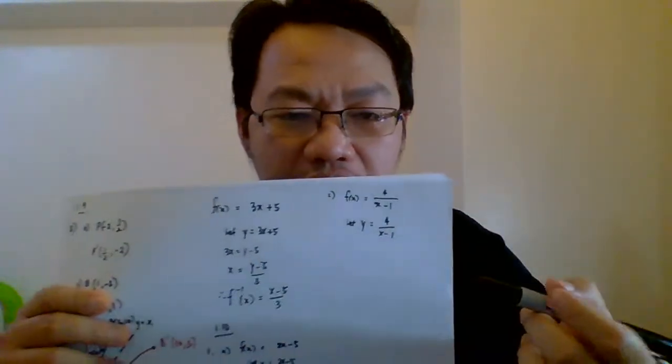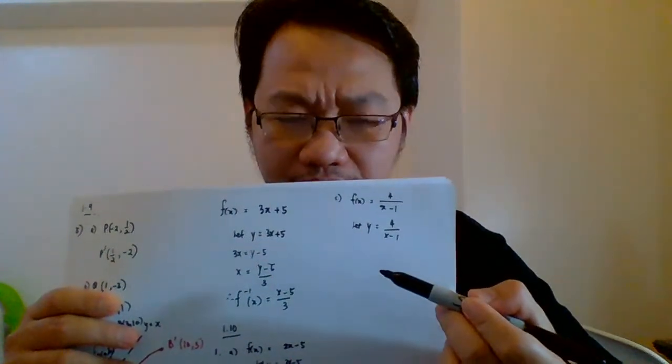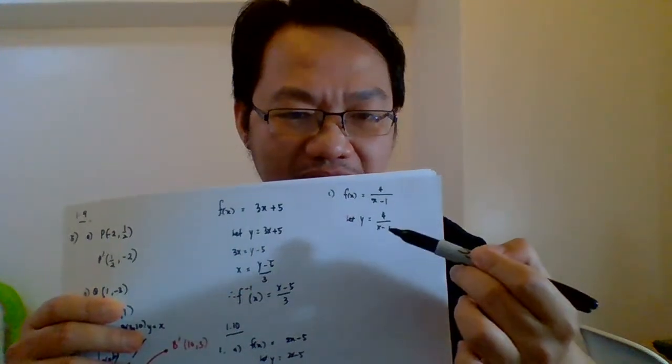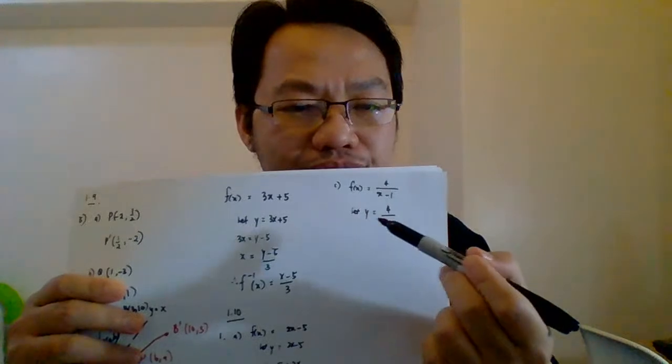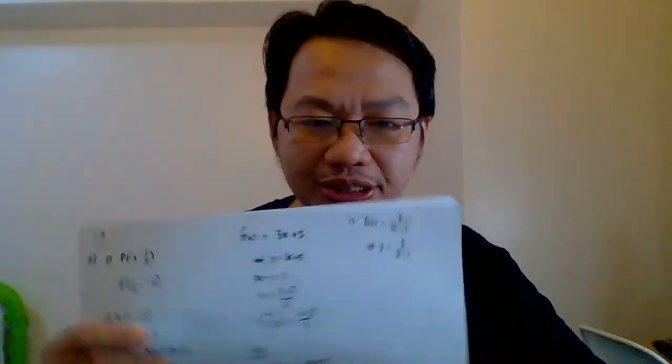Now, what we need to do here, because this is a fraction, we must eliminate the denominator by bringing the denominator to the left side. Alhamdulillah. So when we bring this denominator to the left side, it becomes expansion. So we expand y with x minus 1. So it becomes xy minus y equals 4.